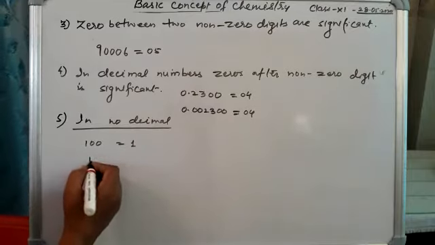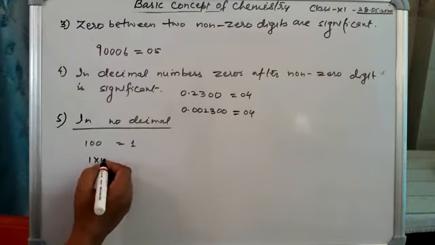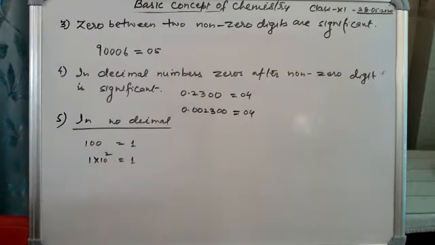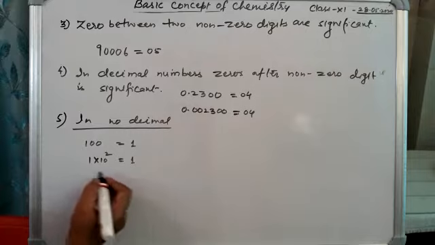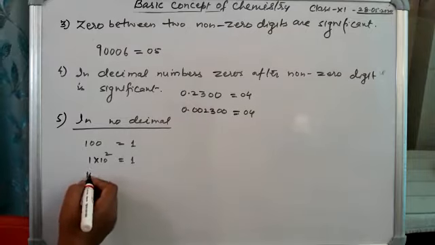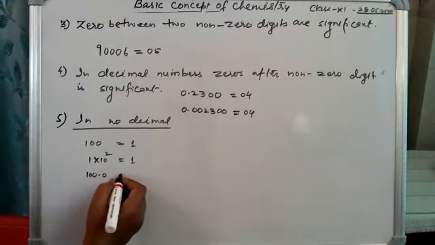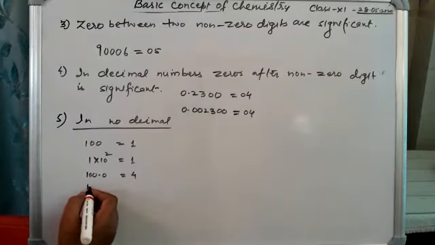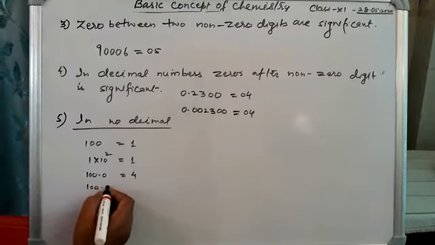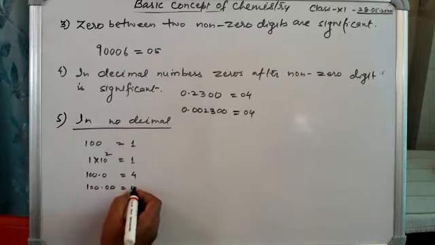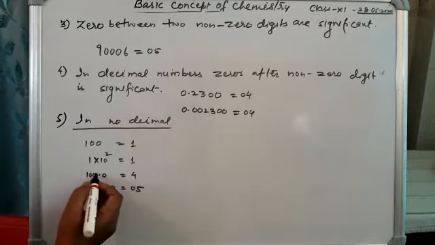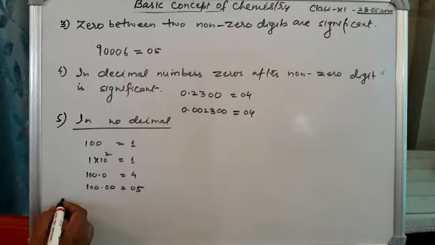If 100 is written in this form also, how many significant figures? Only 1. If 4, how many significant figures? 4. If 100.00, how many significant figures? 5. So you can practice it.